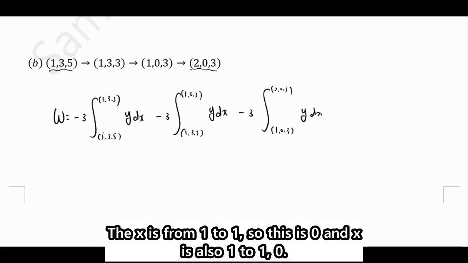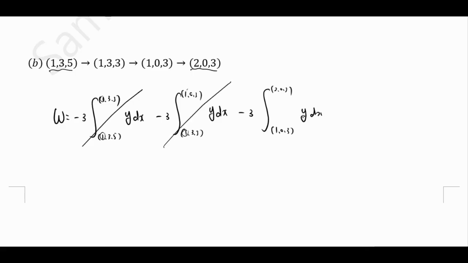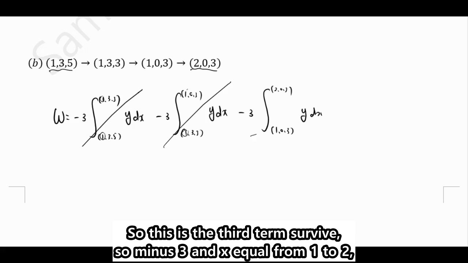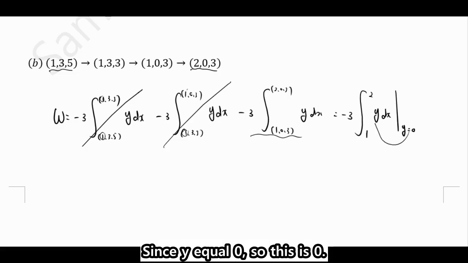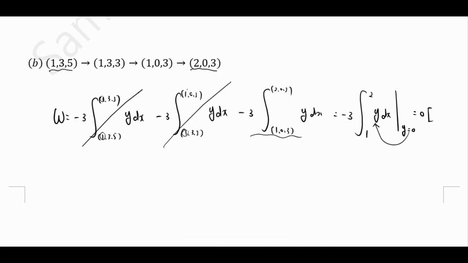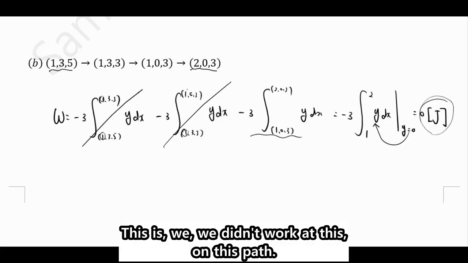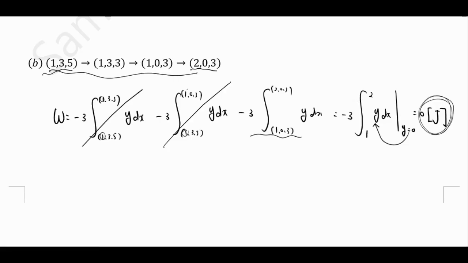The x is from 1 to 1, so this is 0, and x is also 1 to 1, 0. So the third term survives, so minus 3, x from 1 to 2, y dx, y equals 0. Since y equals 0, this is 0. So we didn't do work on this path.